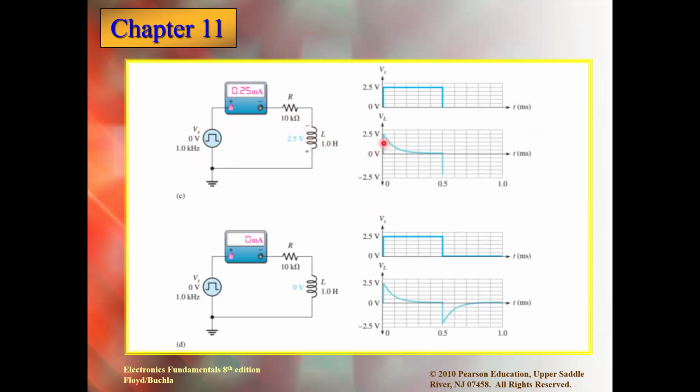Initially, when the current is increasing, it means the resistance is basically decreasing, right? That's why the current is increasing. When the resistance keeps decreasing and becomes zero, at that time the voltage developed here will be the maximum voltage. Are you getting it? This is the concept here.